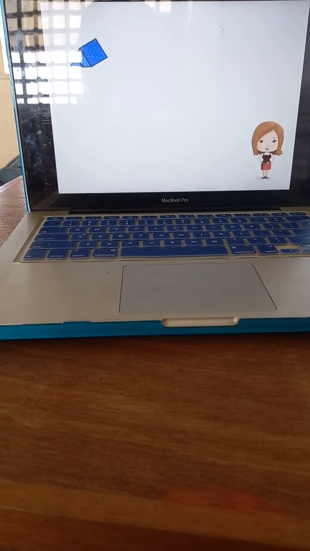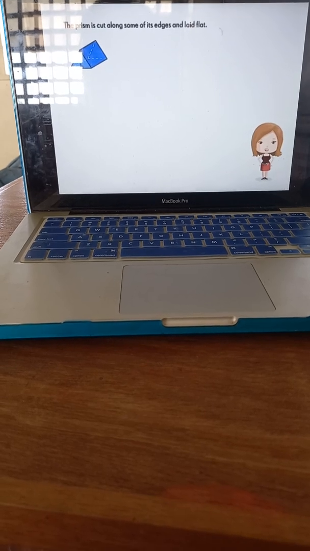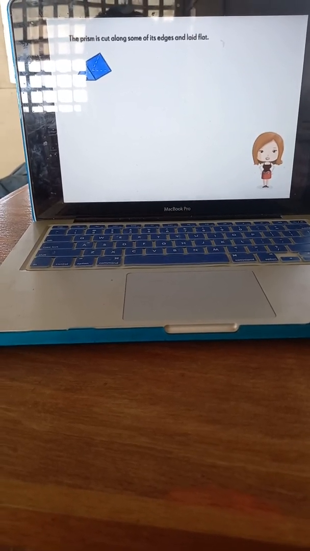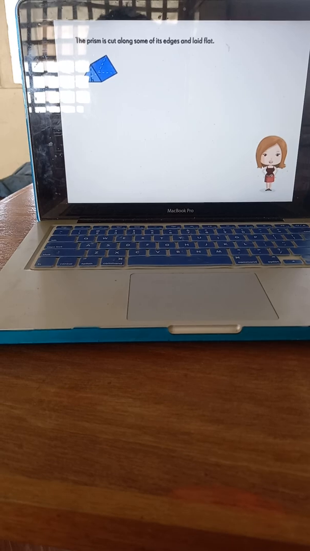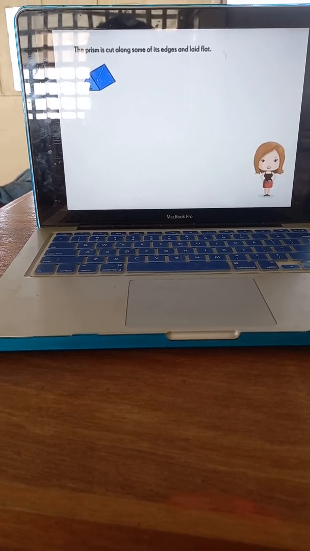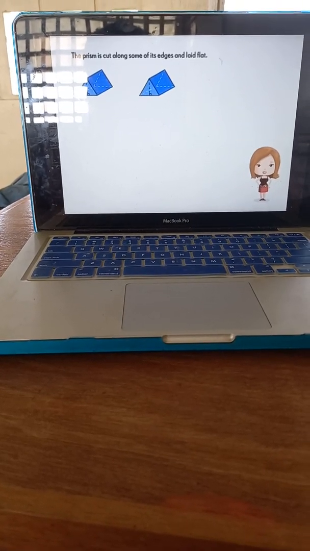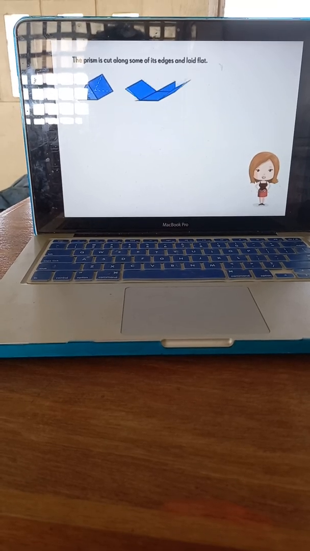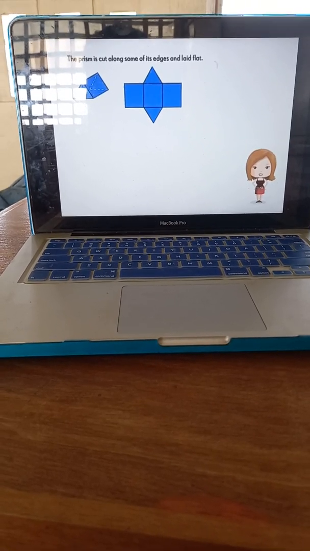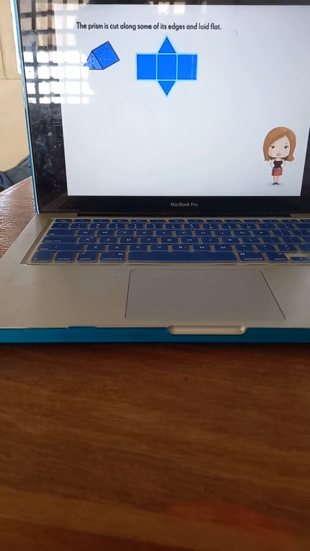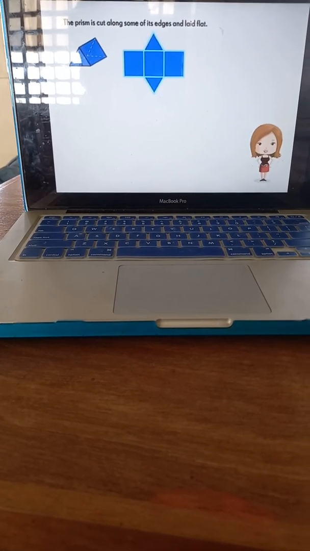Here is a prism. Let's see what happens when the prism is cut along some of its edges and laid flat. Like this. This is a net of a prism.